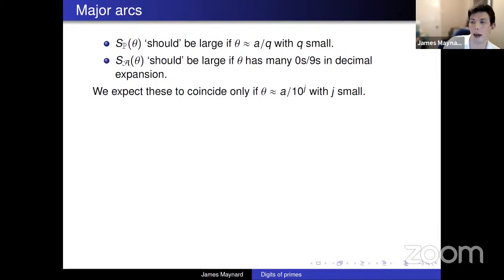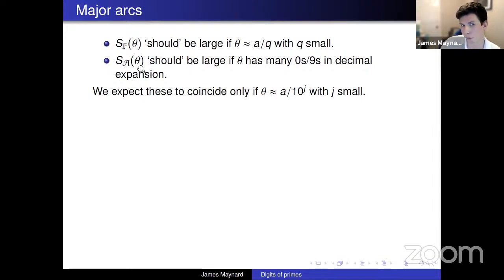And indeed, you can think about this heuristically, and you can decide that the Fourier transform of the primes should only be large when you're evaluating at a point close to a rational with small denominator.